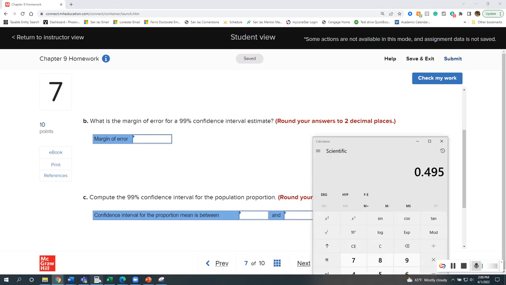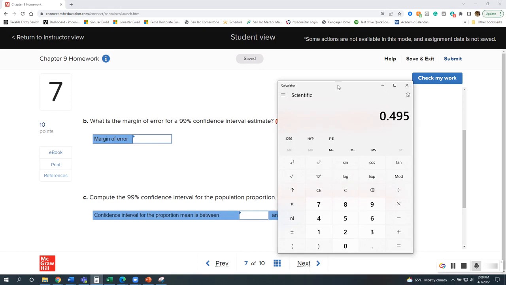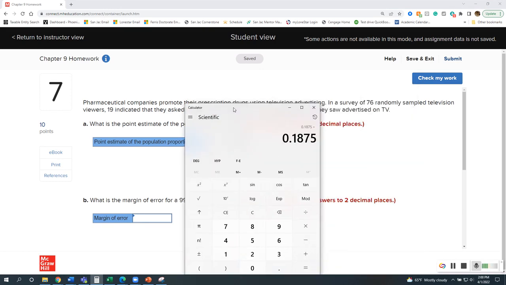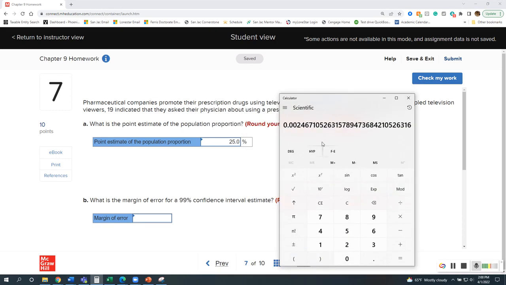We're going to take our calculator, since this is dealing with proportion again. We're going to take our proportion, 0.25, and multiply it by 1 minus 0.25, divide it by our sample size of 76. Okay, and then we get to do the square root of it.